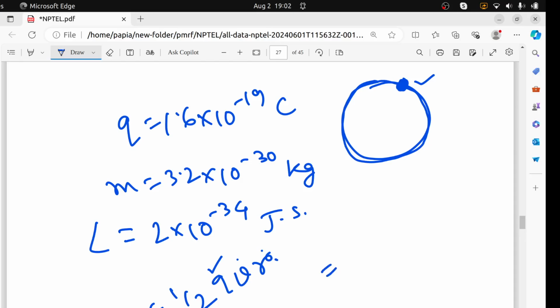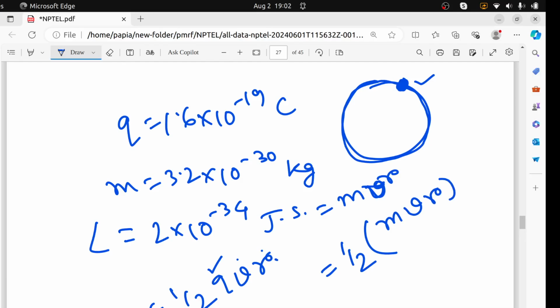So we need to put a little bit of a trick in there. What is the trick? See, L is nothing but MVR. So if I write here MVR, then Q, then one M is extra as the multiplication in the denominator.